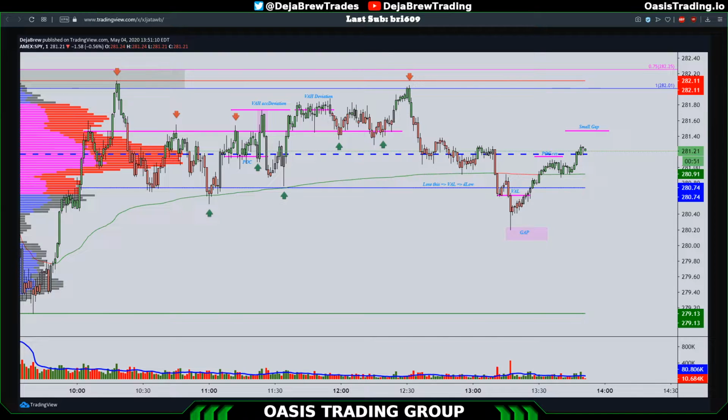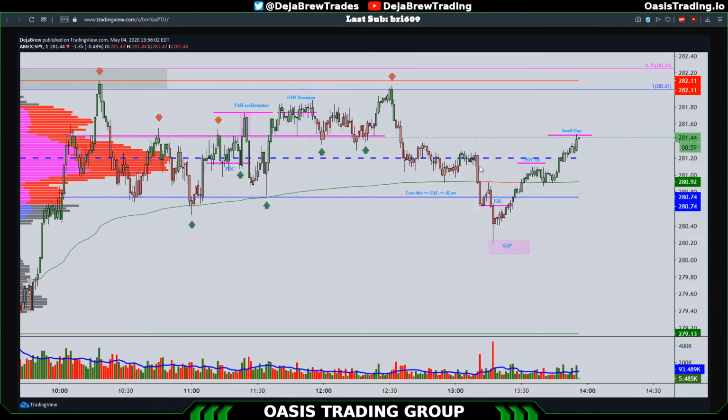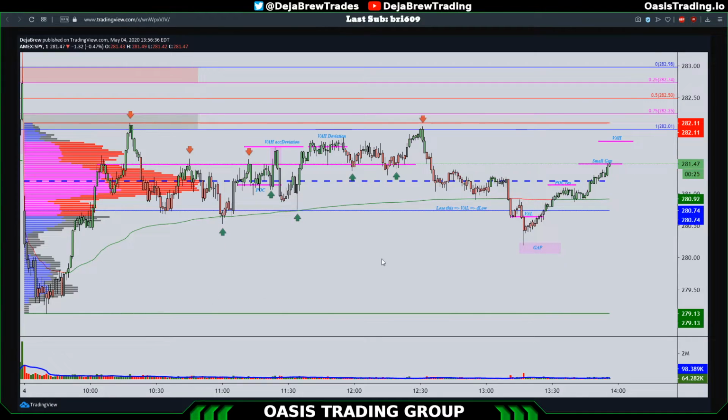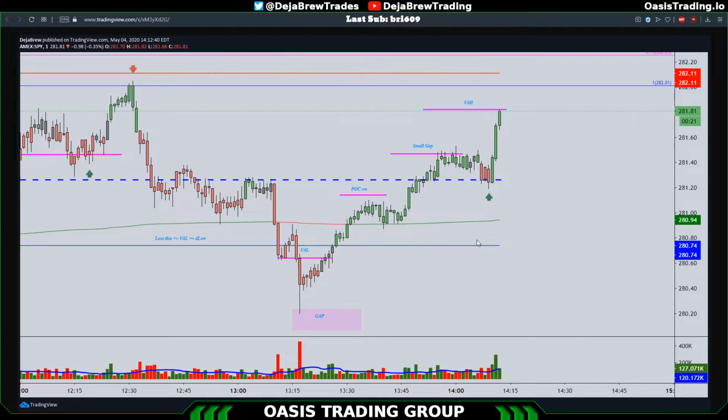So that was the next target. And then here it's hit right here. So there's that gap being hit. And then we also called out the next target, which would be that value area high. Okay. There's the value area high being tested right off of the POC retest.